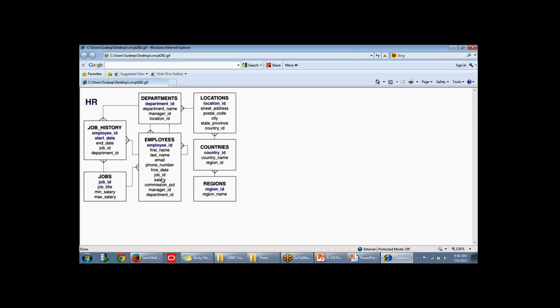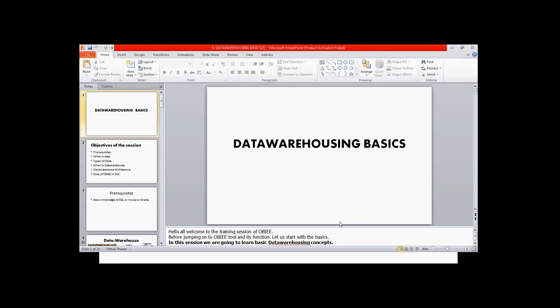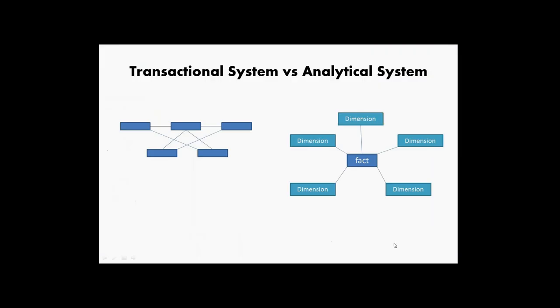Coming to the job, based upon this job ID they will join, and they will place job details in a separate table and join both. Job history they maintain in a separate table, and department they maintain in a separate table. And we call this system entity relationship.